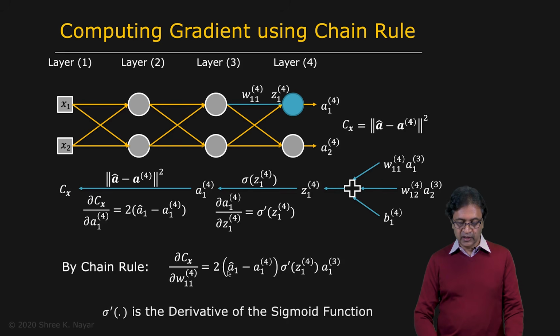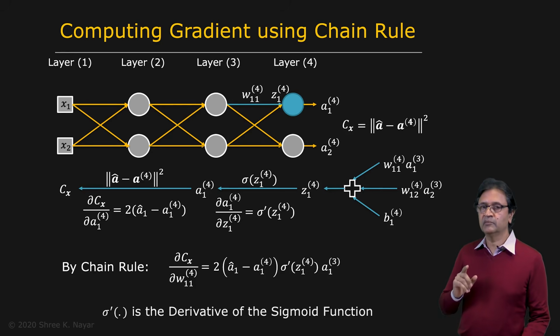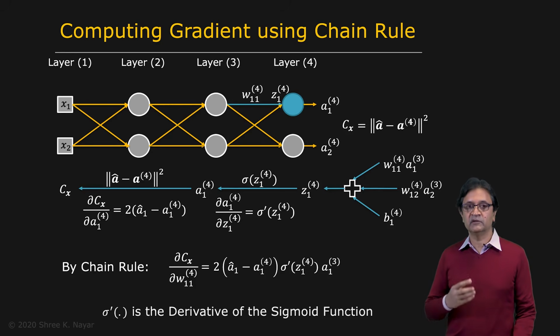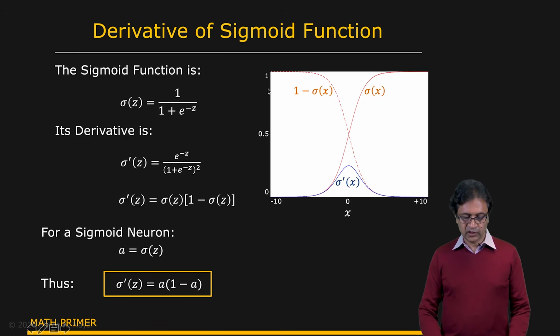When you look at this, most of the terms here use nothing but the activations. The one term that does not is the derivative of the sigmoid. This brings us to an important property of the sigmoid, one of the advantages of using the sigmoid function. So let's take a look at the derivative of the sigmoid itself. Here is your sigmoid function.